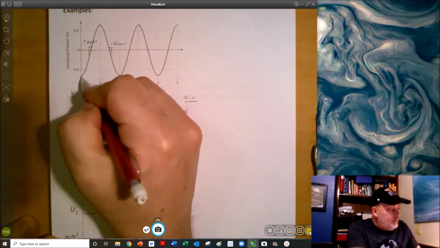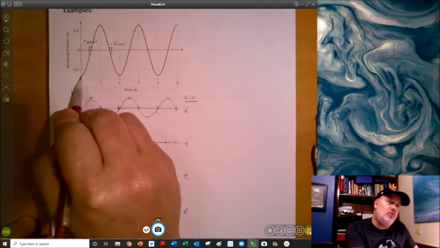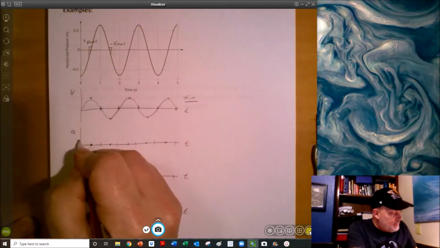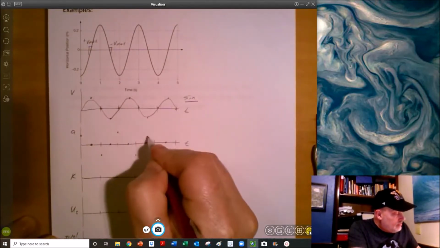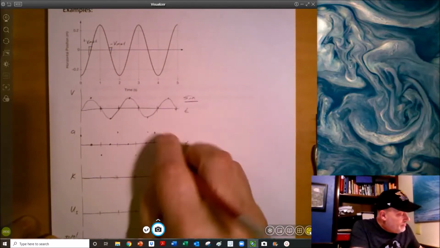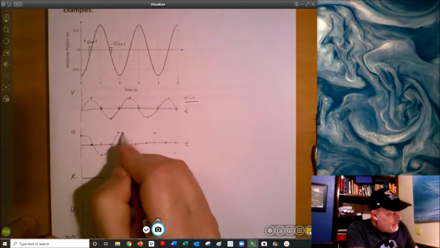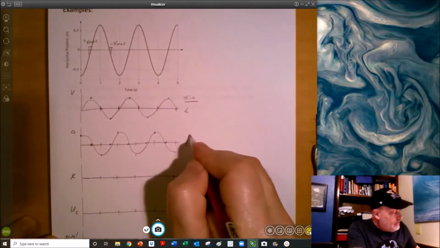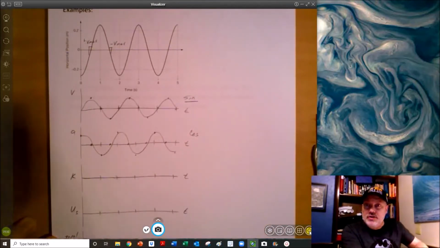So when this thing is at its maximum negative displacement, the spring is pulling it back towards equilibrium, so it should be a positive acceleration. So it should be here, here, here, here, here. Uh-oh, I messed up. Here, and here. So this should be sinusoidal, or I guess in this case it's a cosine wave. All right, so it should look like that. That's what our acceleration should look like.